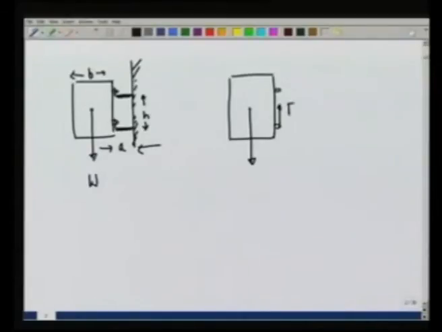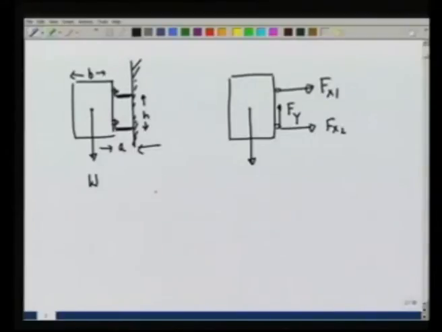So, it has a force Fy pulling it up. In addition, there will be forces in this direction. So, let us call these Fx1 and Fx2. These are the only forces that are there on the gate.